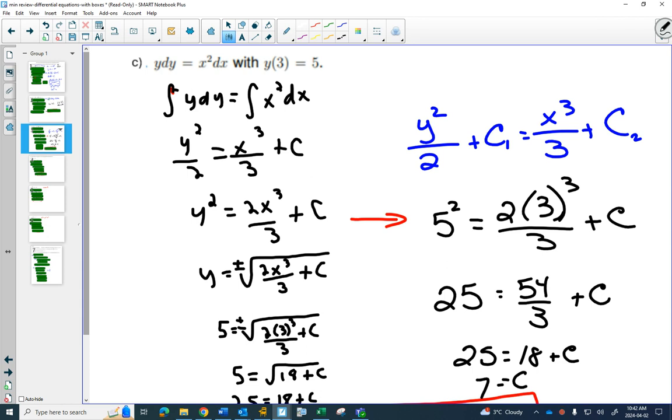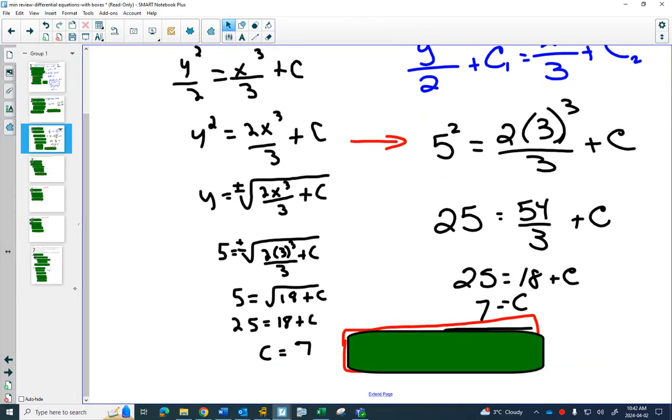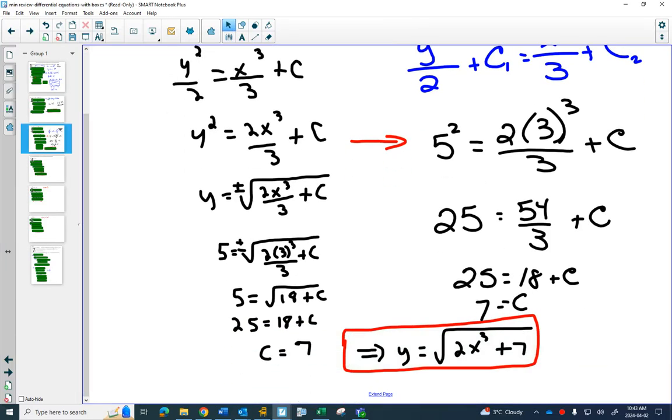Is that not easier? Not having to worry about that square root? There's nowhere that it says you have to get y by itself before you plug things in. I know my x and my y values. Why not plug them in right away? Solve for my c. Then I would know that c was 7 inside of here.